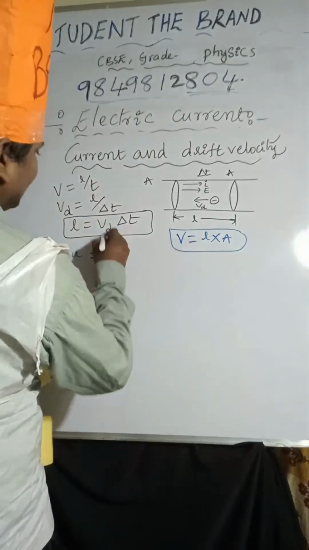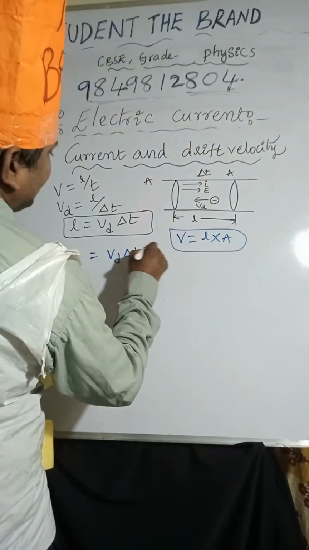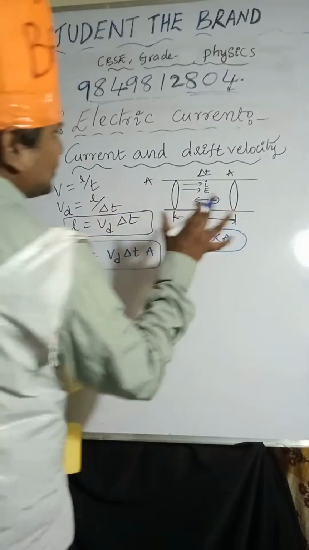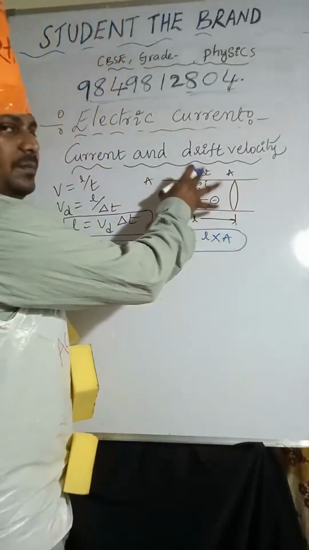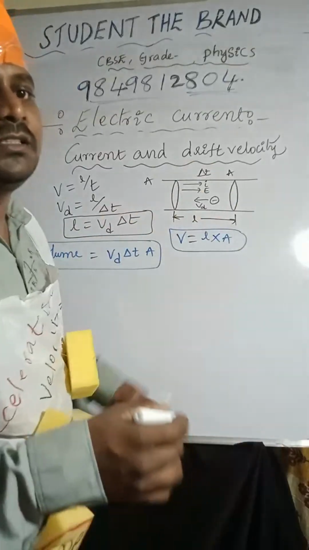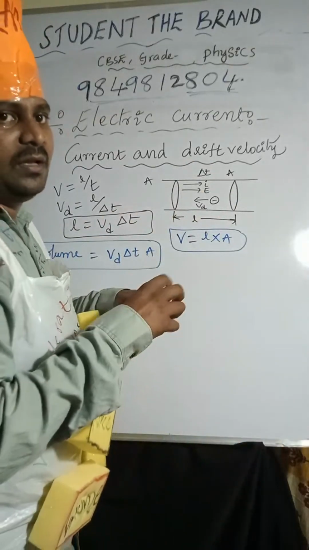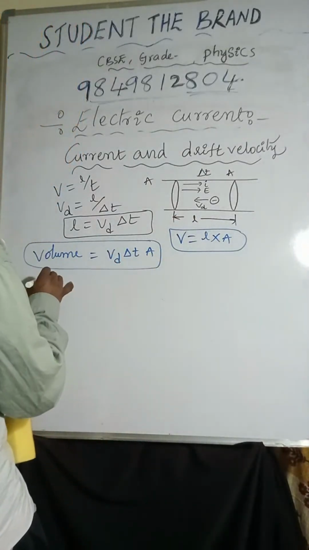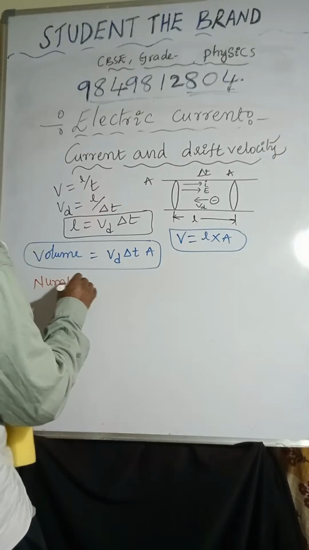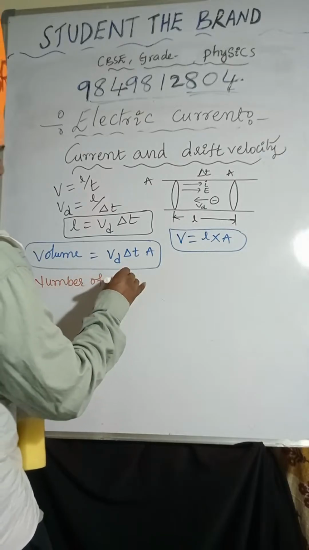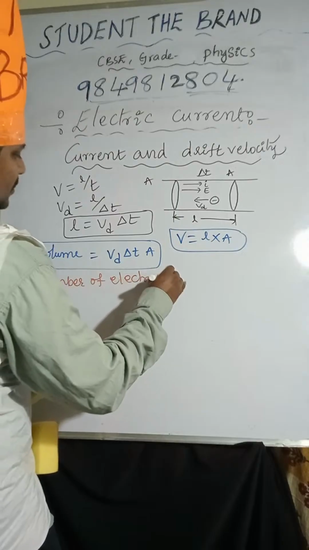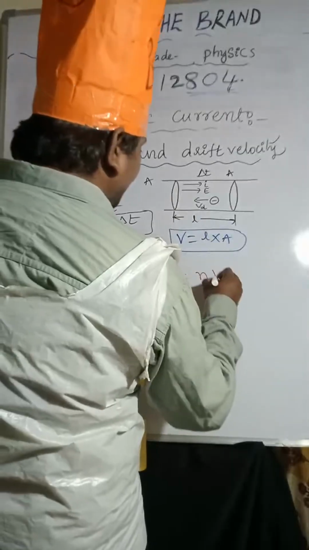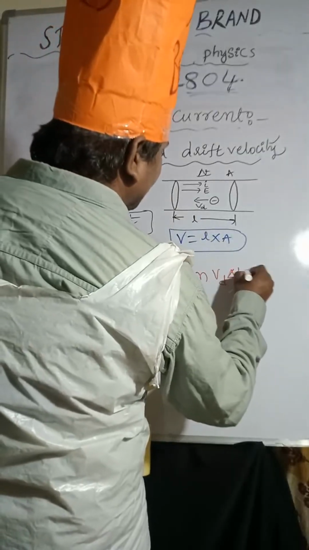So volume equals Vd into delta T into A. Now, how many electrons are present in this volume? The number of electrons present in the particular volume is N into Vd into delta T into A.